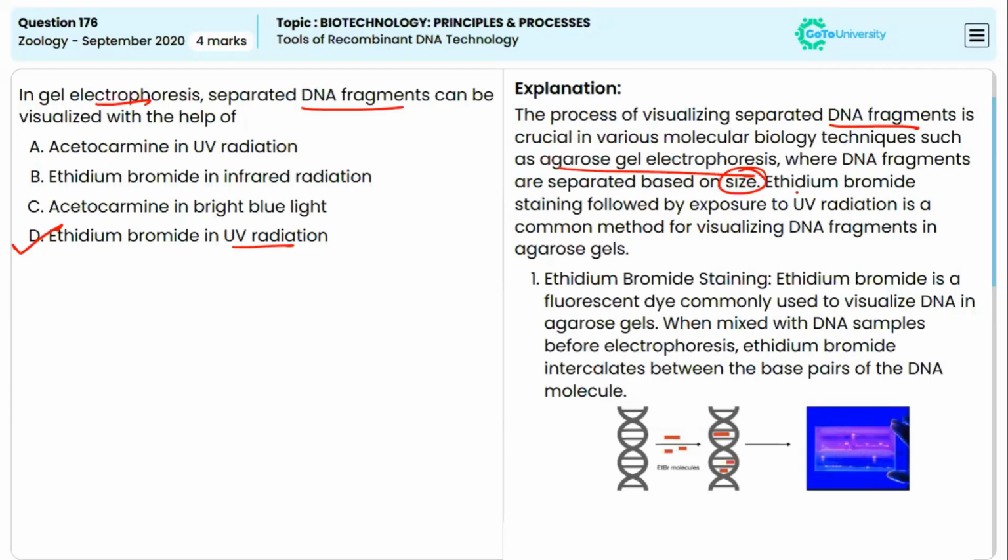Here we use a stain, ethidium bromide, followed by exposure to UV radiation, and we can visualize the DNA fragments in the agarose gel. They will show up as orange colored bands as well. So option D is the correct answer.